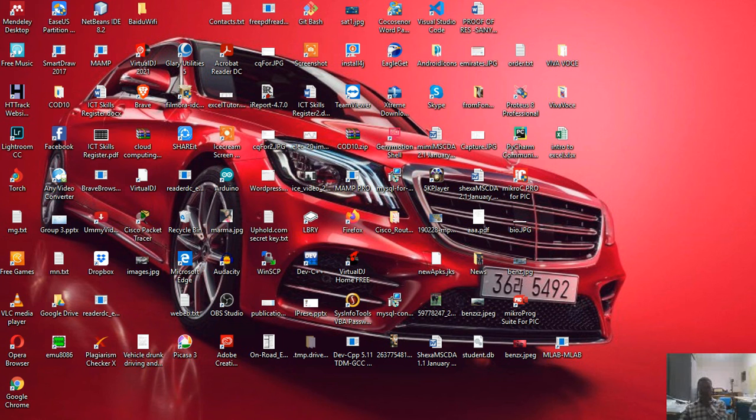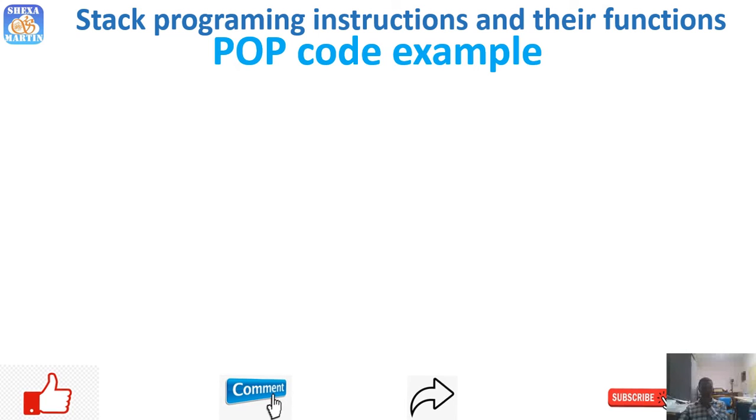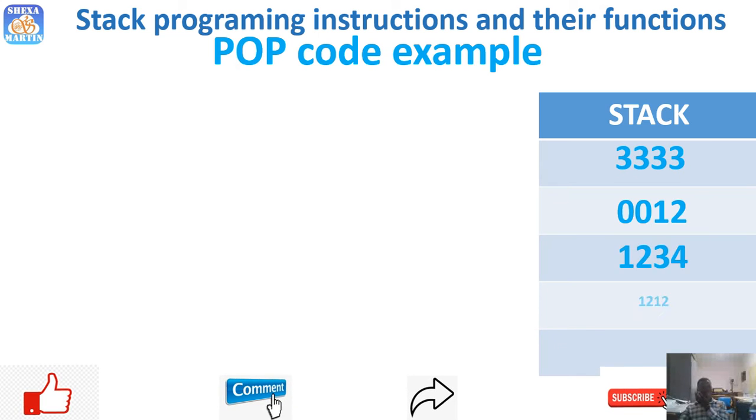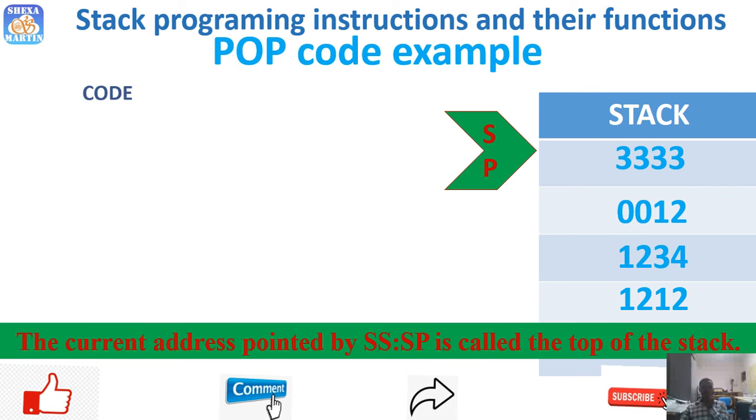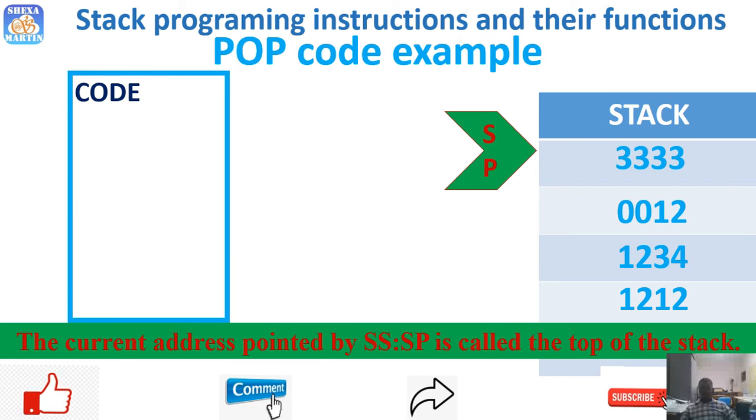Right, so here is an example for pop. We have our stack with these values. The moment we run this instruction, you see the instruction coming.